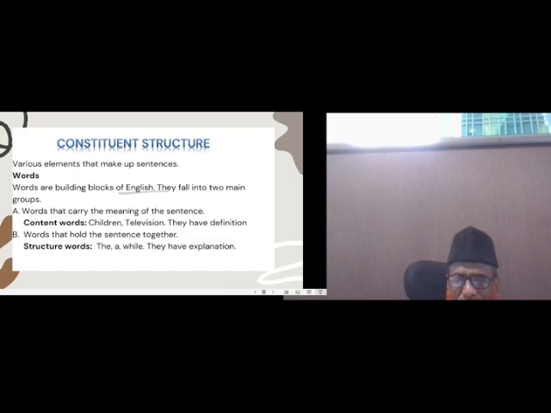When we arrange these letters like pen, book, we build a word. The words are the building blocks of English.